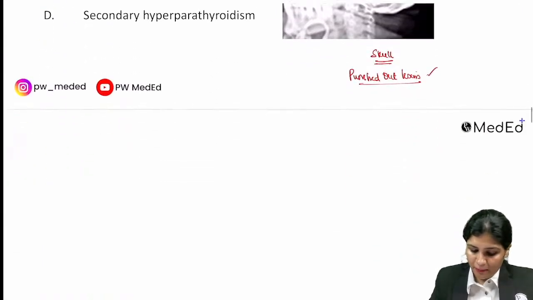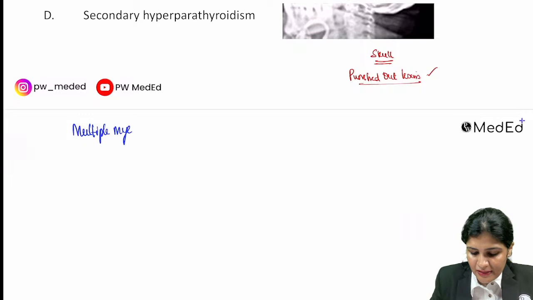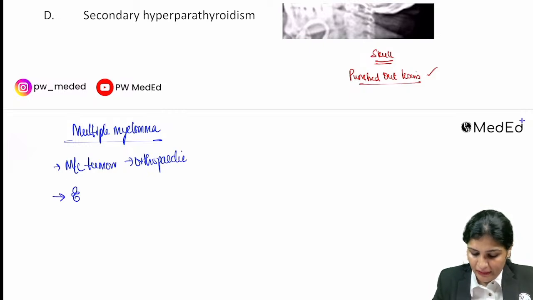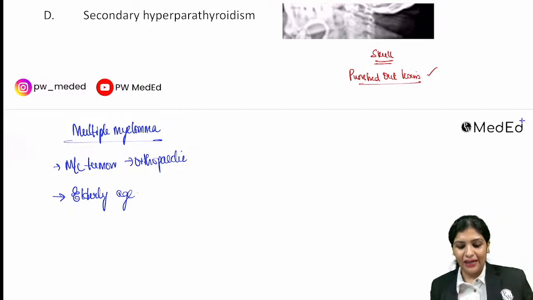So what is this multiple myeloma? Multiple myeloma is the most common hematopoietic tumor seen in orthopedic oncology. So this is the most common tumor. Here you see this is mainly in the elderly age group, that is above 60, 70, 80.